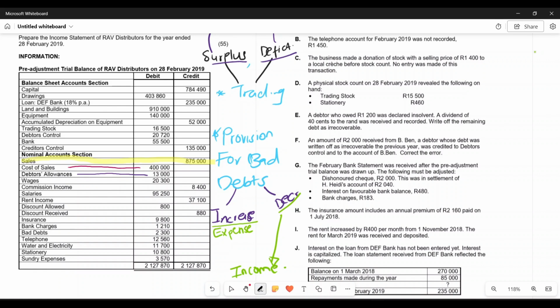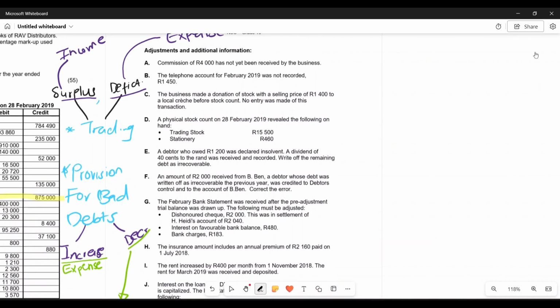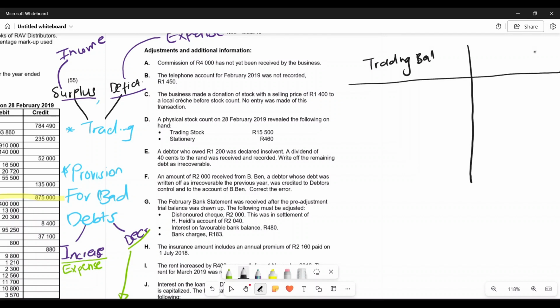Now, let me classify, let me start with my trading stock. Let me see if I have any transaction that affects my trading stock. So now, how do we find out that whether our trading stock is a surplus or is it a deficit? So you want to check your trading stock balance that you're given, and you're going to compare it to the trading stock balance. Now, this trading stock balance is from your physical stock count.